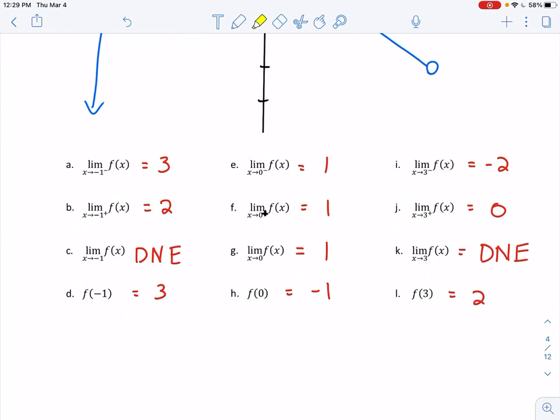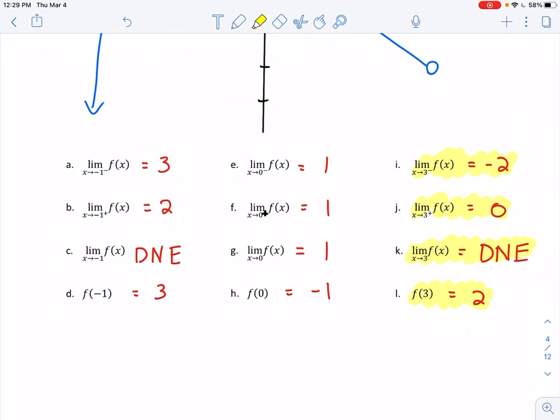So be very careful as you're working through these problems. You may have instances in which the limit is equal to the value of the function. You may have examples where all 4 of these things are the same. But you may have some instances like over here at 3, the left-hand limit was -2, the right-hand limit was 0, the two-sided limit did not exist, and the value of the function was 2.